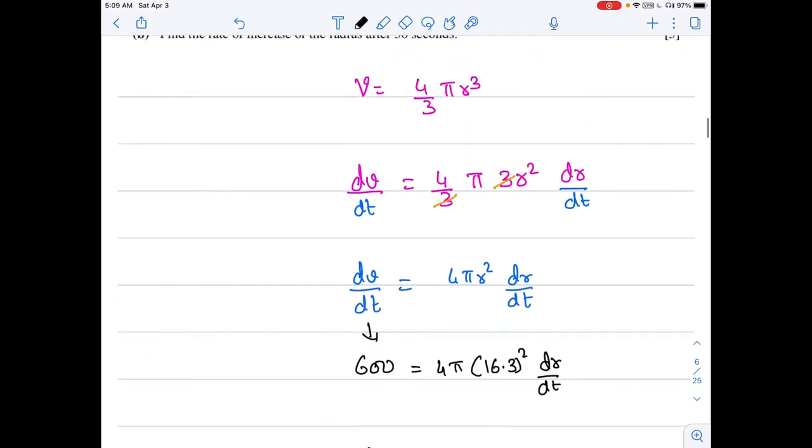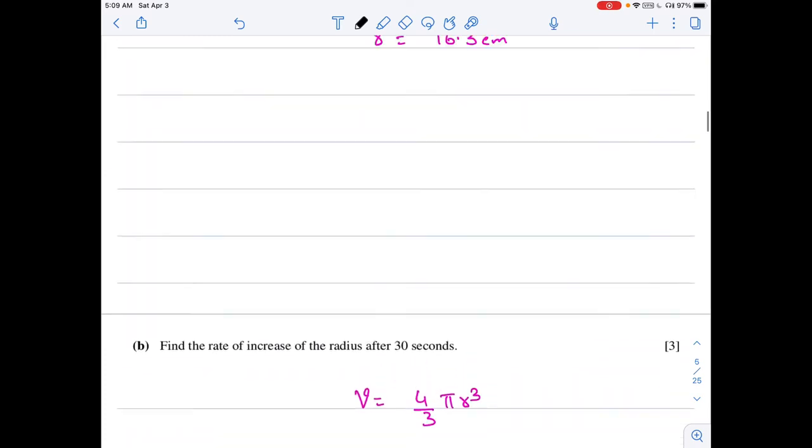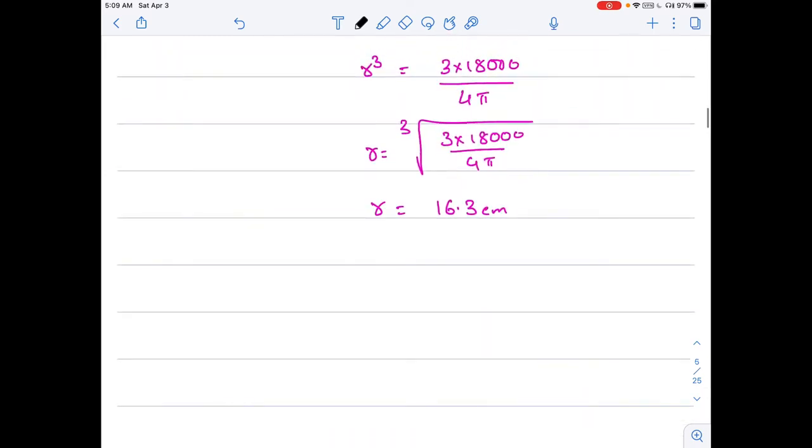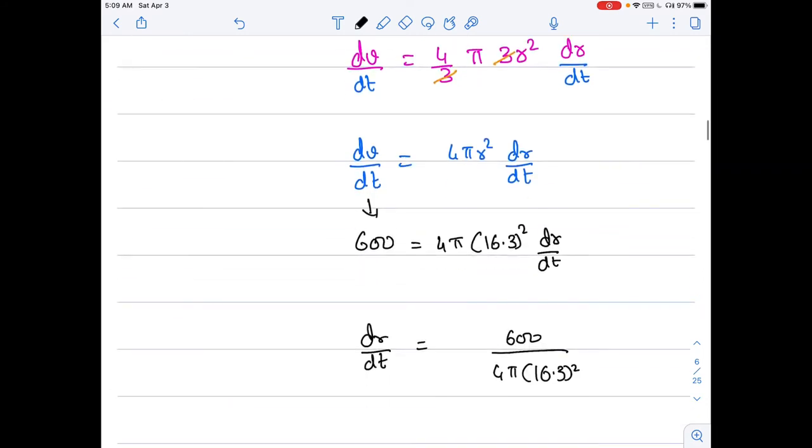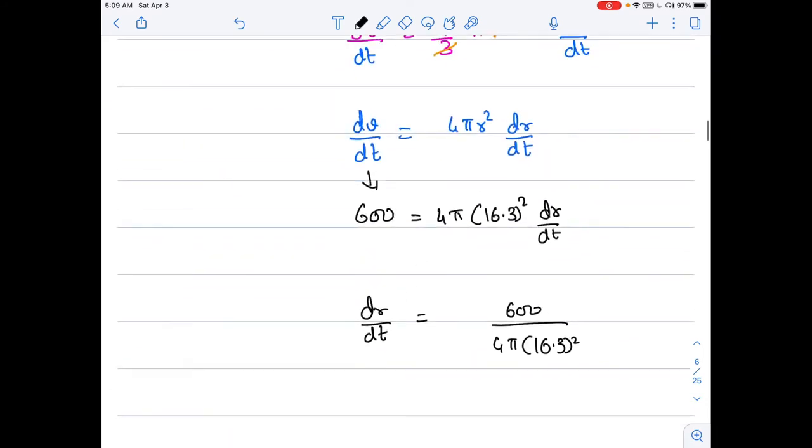Here you have to be careful: I will not be using 16.3, rather I will be using the full calculator display, because you will not be able to get the correct answer if you use 16.3. So how do I get it out?